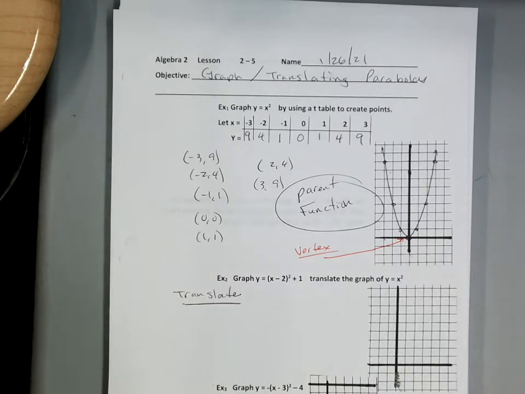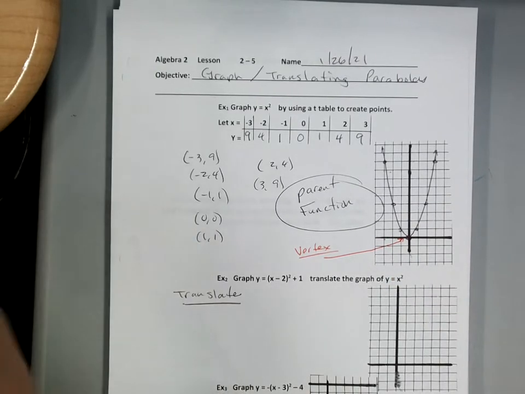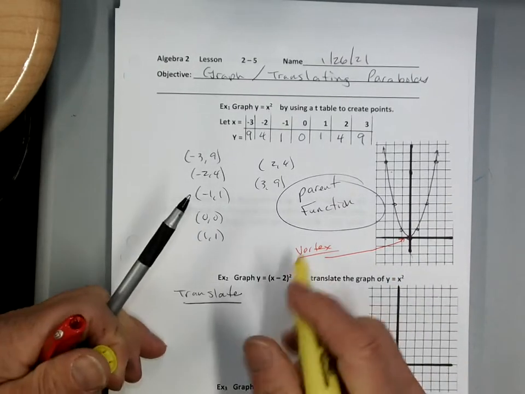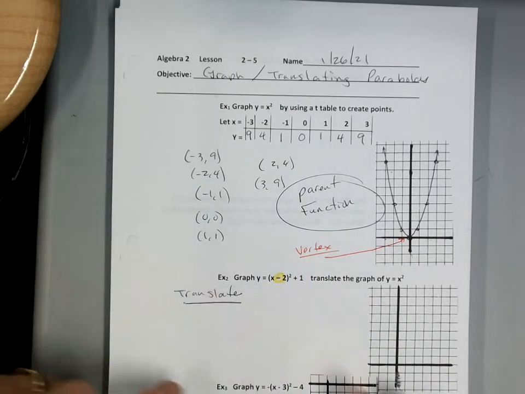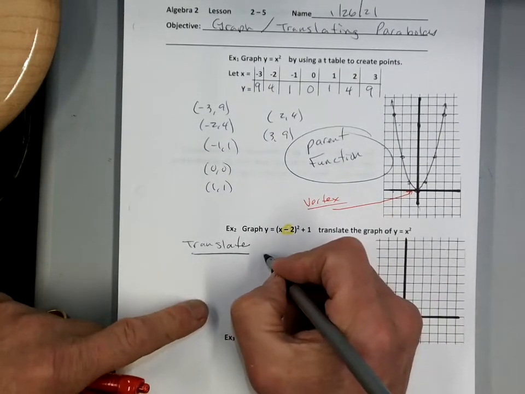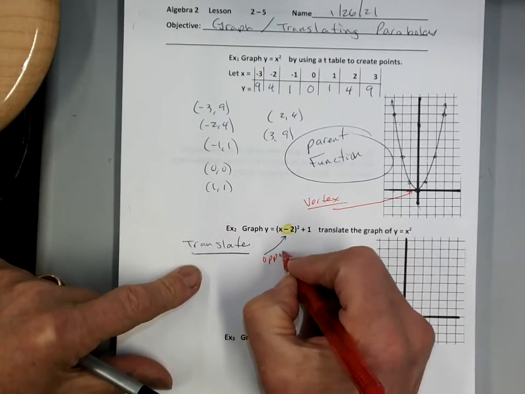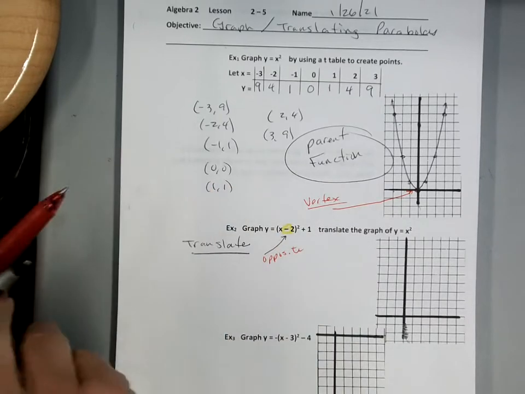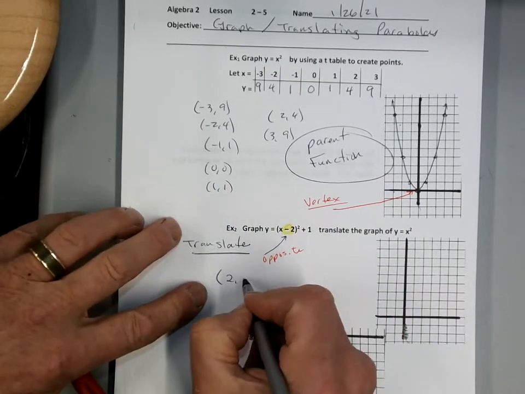And then if I translate my vertex, I'm going to move it to, in this case, the opposite of the inside, right? We've learned that before, so we're going to translate. So it's always going to be the opposite of the inside. So I'm going to translate this to a positive 2, 1.